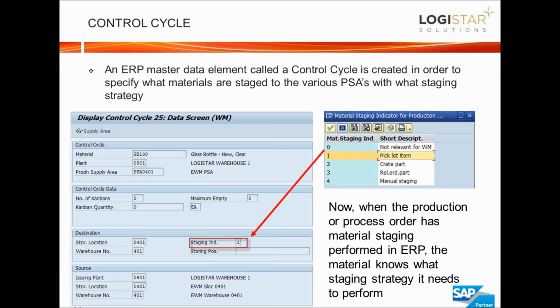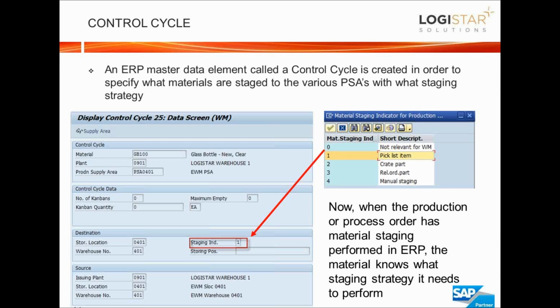So by material, I can define what kind of staging strategy I want. In this case, I've got these glass bottles. I want to stage them to my PSA, my production supply area, using staging strategy 1, which is just a pick list item. So just reading off what's on the BOM, that's how I want to stage to my PSA for that item.